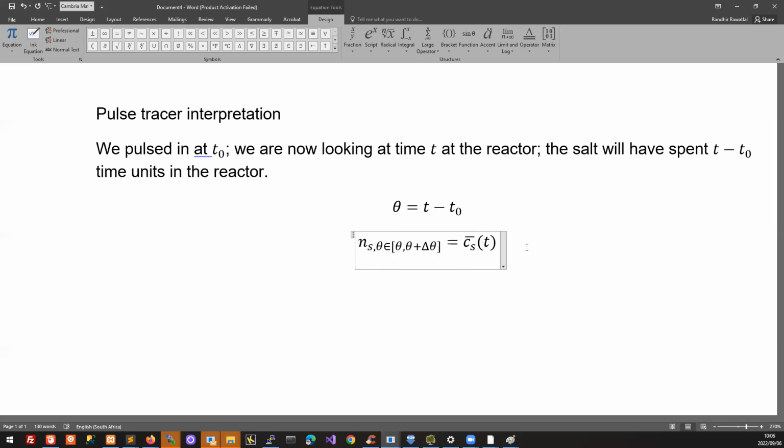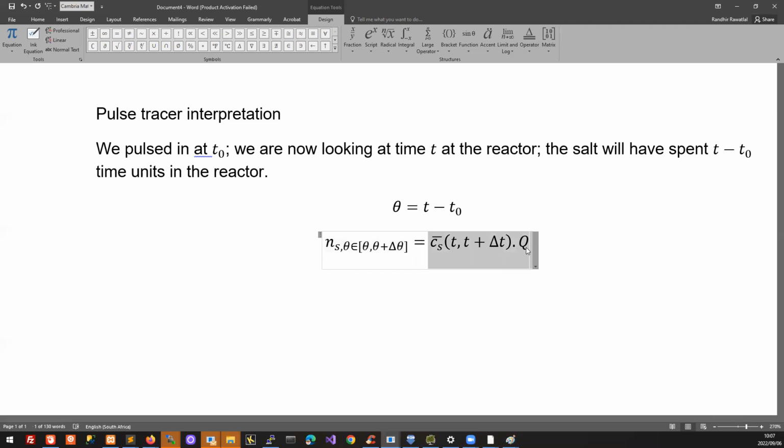There's an average salt concentration between T and T plus delta T, so there's a time range and an average salt concentration. And if we want to convert a concentration to moles, we need to multiply that by a flow rate. That flow rate gives us cubic meters per second, so this is still moles per second.